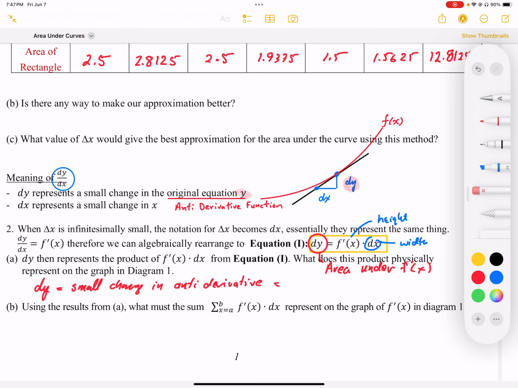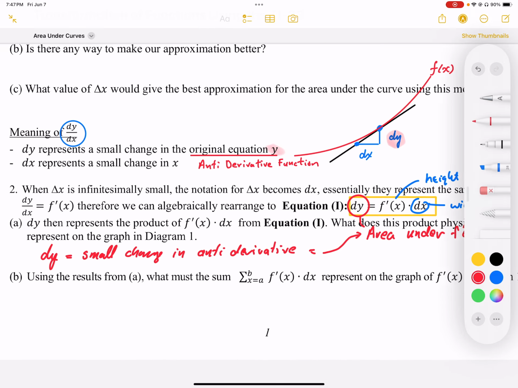I'm just going to point to this. These are all equivalent. A small change in the antiderivative is equal to the area under the curve. So one of those rectangular bars represents a small change in y.